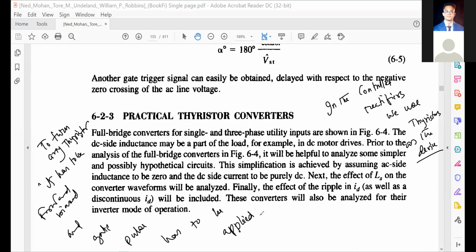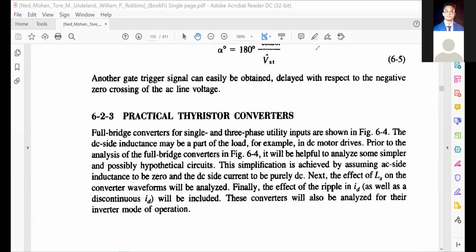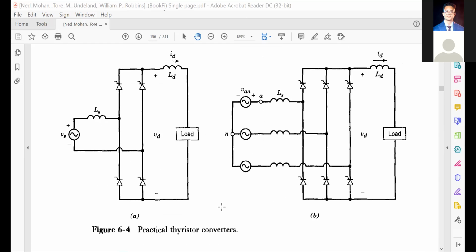Now today, we shall first see what are the practical thyristor converters. 6.2.3 from your book, if you look at this. We are still following the Ned Mohan, third edition. Now, the next figure, there are two figures if you see here.